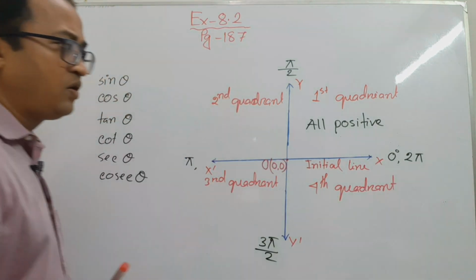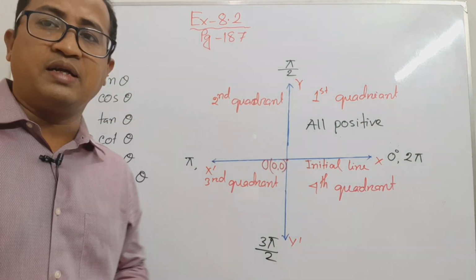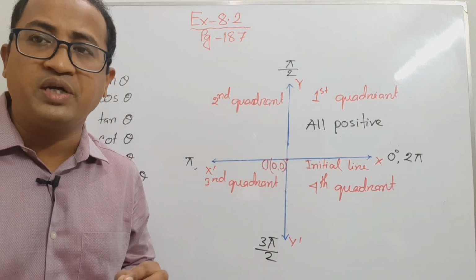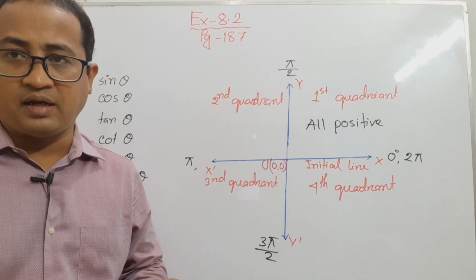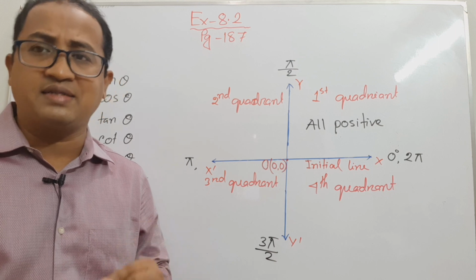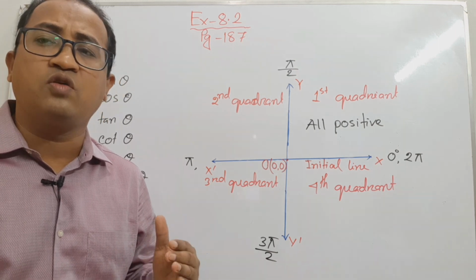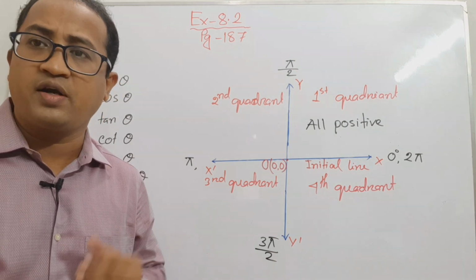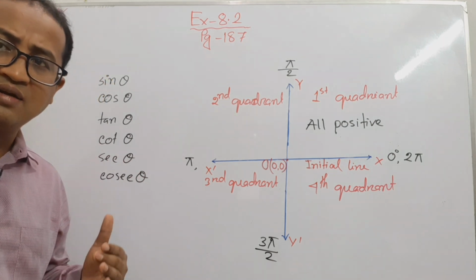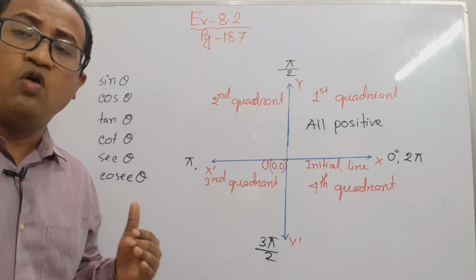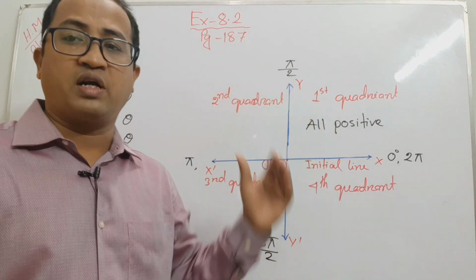That means from 0 degree to 90 degree all the ratios' values are positive. Sin 0 degree, sin 30 degree, sin 45 degree, sin 60 degree, sin 90 degree, we know these are positive. Already we memorized it. Similarly, cos, sec, tan, cot, cosec, all are positive in the first quadrant, that is from 0 degree to 90 degree.